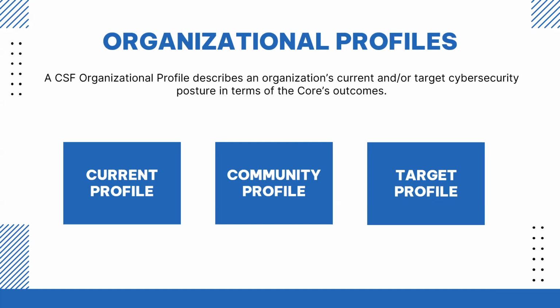These community profiles act as a shared baseline of the CSF outcomes for a specific sector or use. For example, there are profiles available for financial sectors, for the insurance domain, and for IT sectors. These profiles focus on a particular sector or a particular domain.